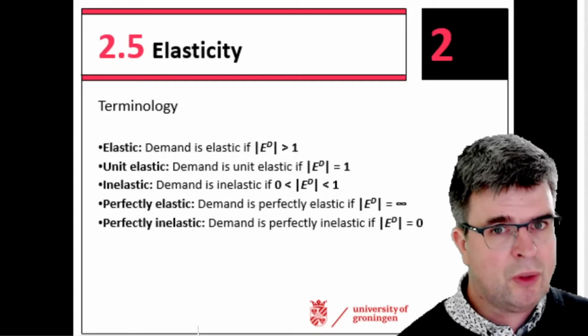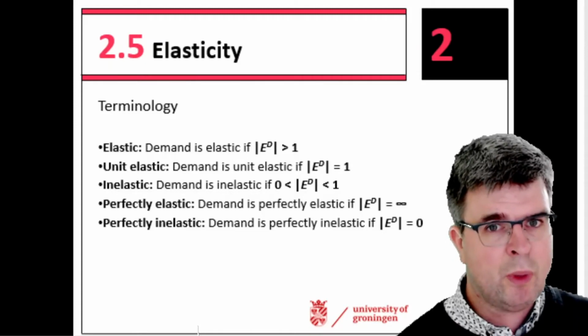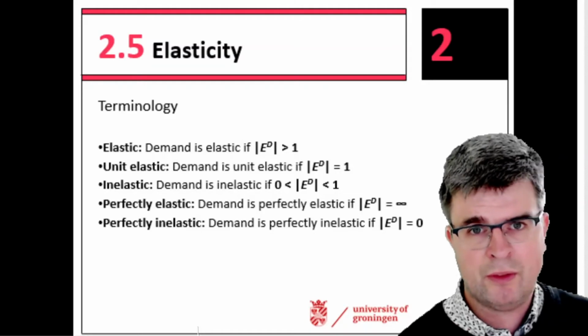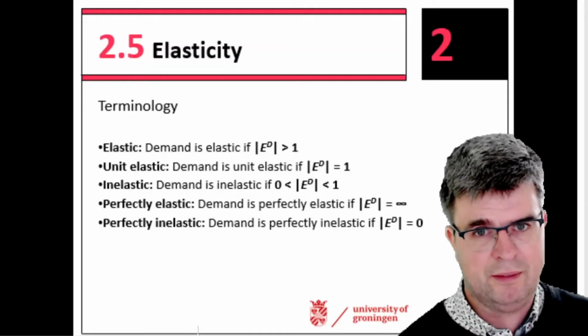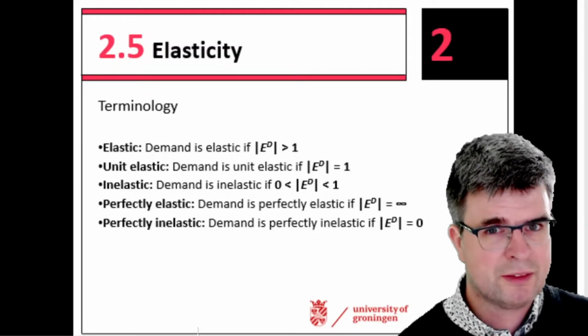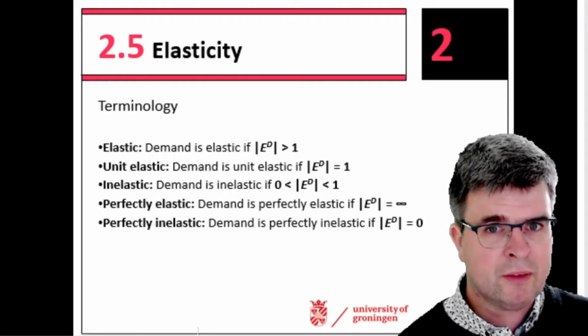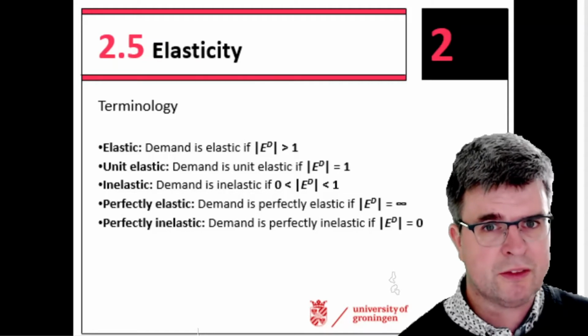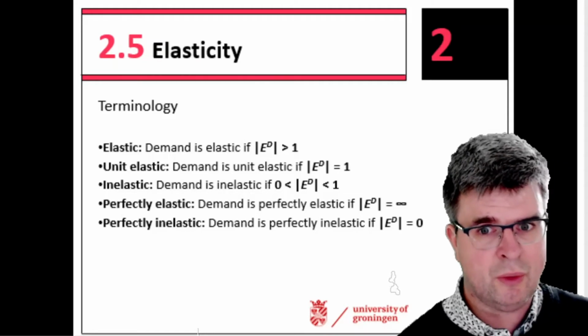Then demand is called inelastic when a 1% increase in the price leads to a drop in the quantity of less than 1%. And then there's the intermediate case that we don't observe a lot in practice, where the price elasticity of demand is exactly equal to 1. And then it's called unit elastic.